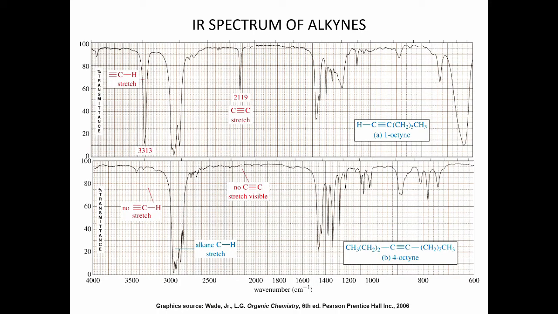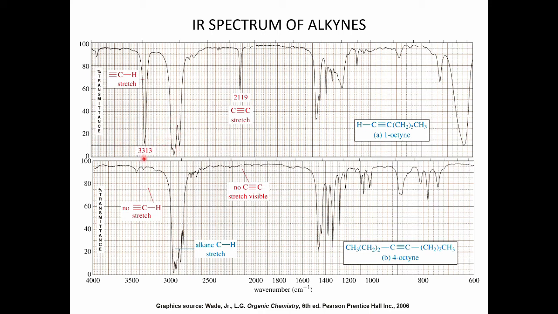So here are the examples of 1-octyne and 4-octyne, where we have the triple bond closer to the edge of the molecule and the triple bond in the middle. When we look at the first example where the triple bond is near the edge of the molecule, we're able to see a very clear peak above 3000, which is indicative of something other than an sp3 hybridized carbon.